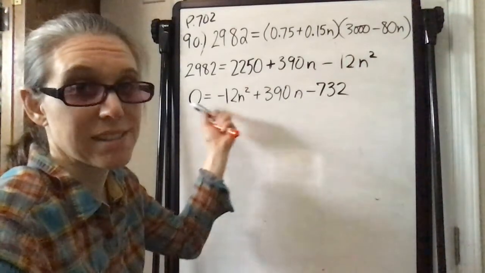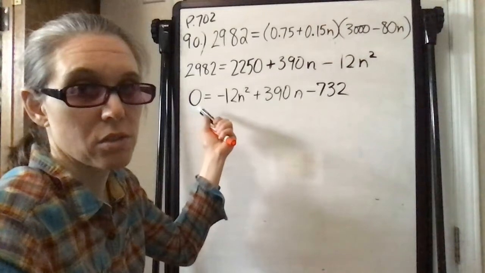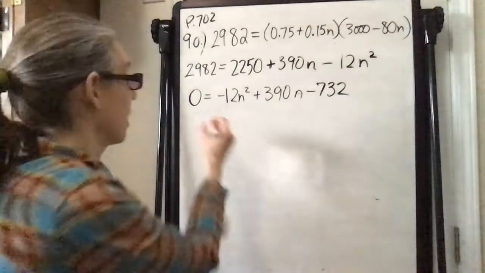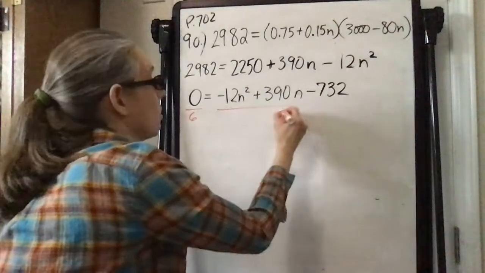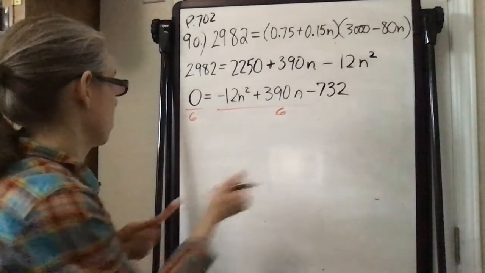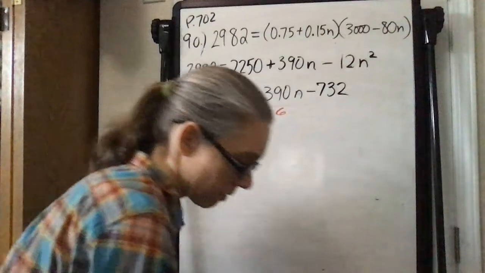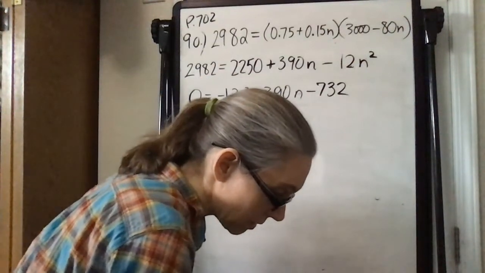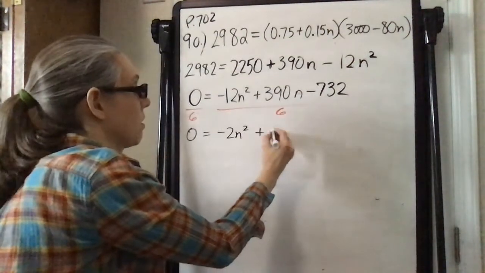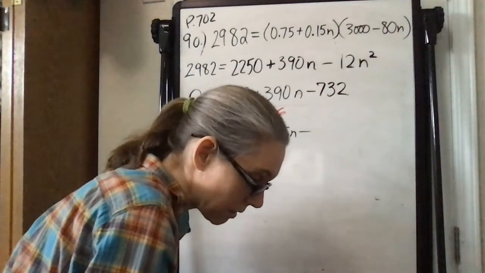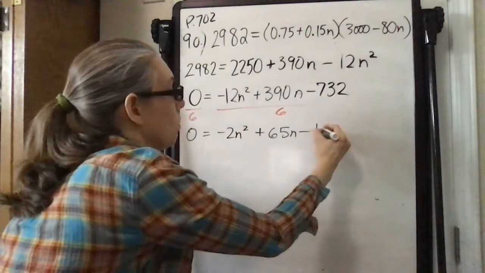The GCF here is 6, so I'm going to go ahead and divide both sides by 6. If you divide both the left and the right by 6, this will change to 0 equals negative 2n squared. Let's see, 390 divided by 6 is 65. And 732 divided by 6 is 122.